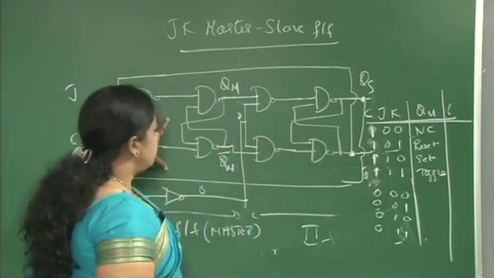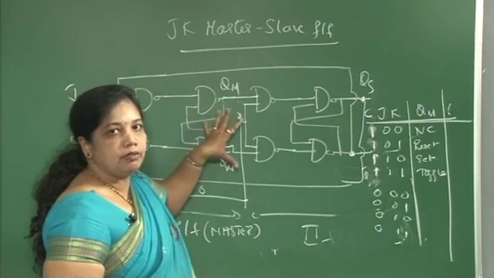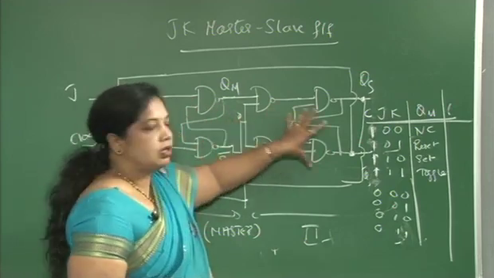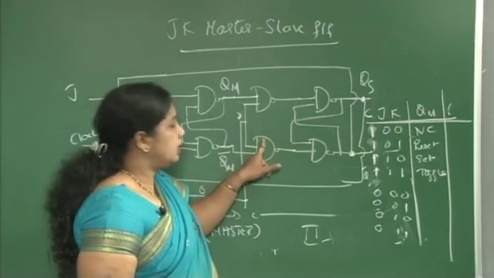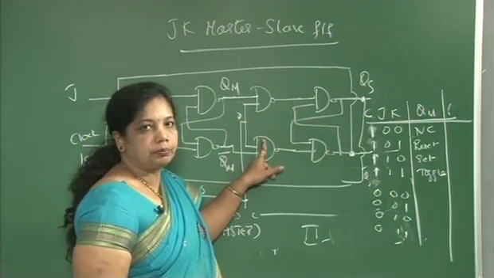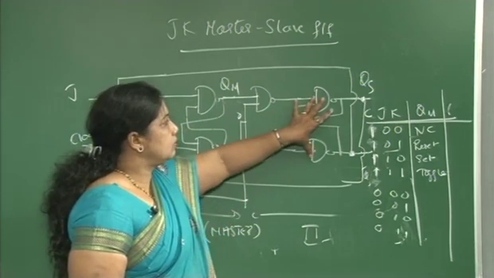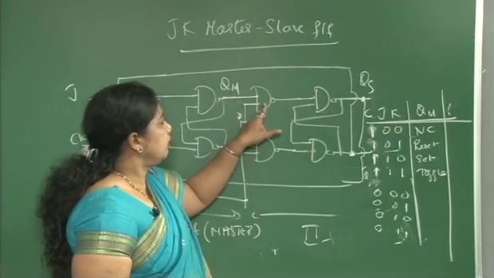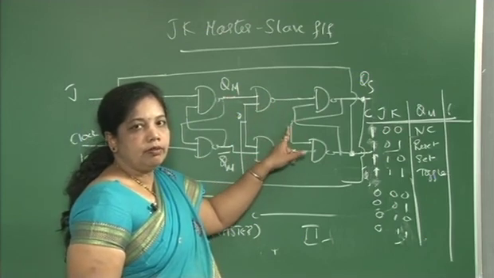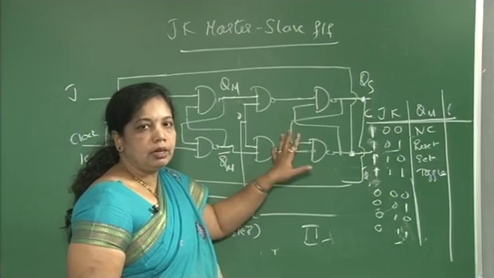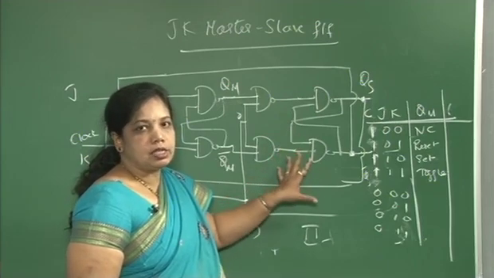So whenever the clock is high, the normal operation takes place in the first stage. What happens to the second stage? Since the clock is low, the gates are disabled here. So the input to the slave is nothing but the output of the master. So now the slave doesn't respond, it remains as it is, no change.